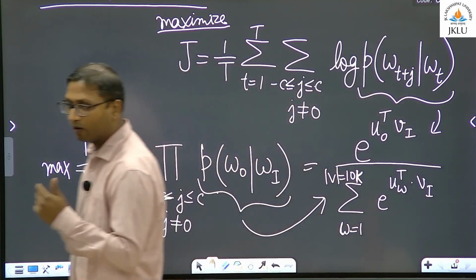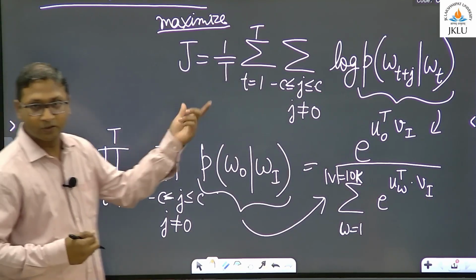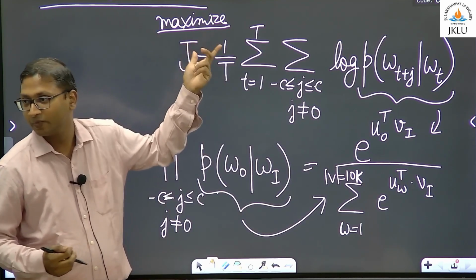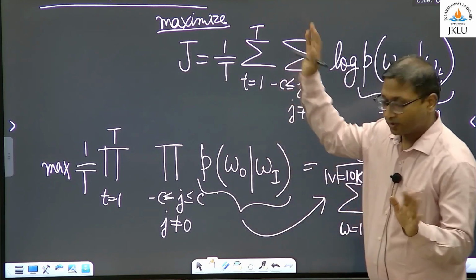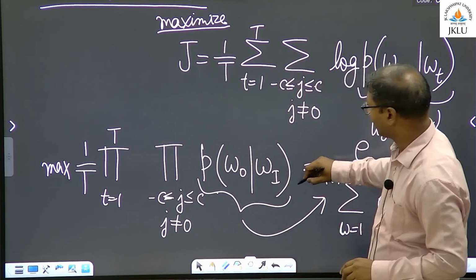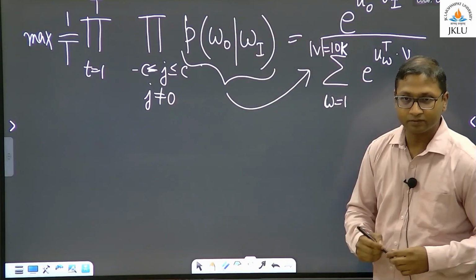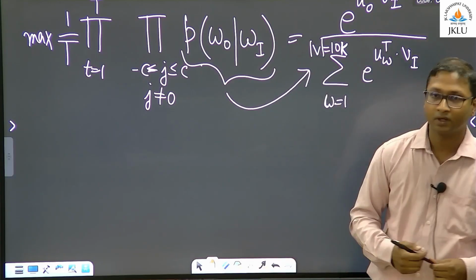So how do I change this? All I need to do is take a negative here and simply put minimize. That's it. Okay. So that was easy. Now questions? Okay.